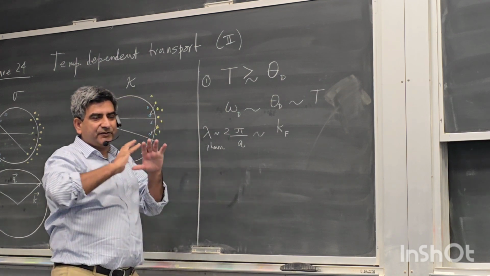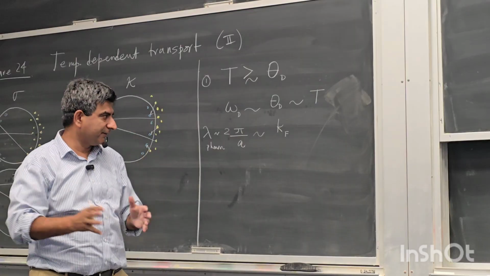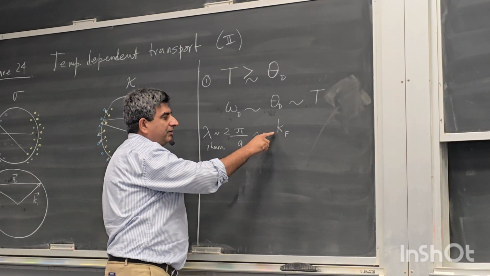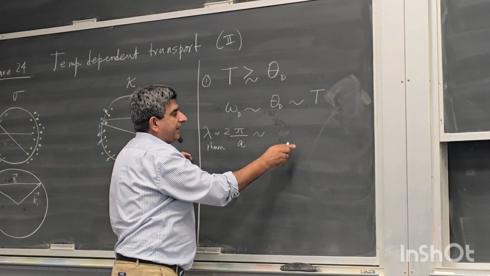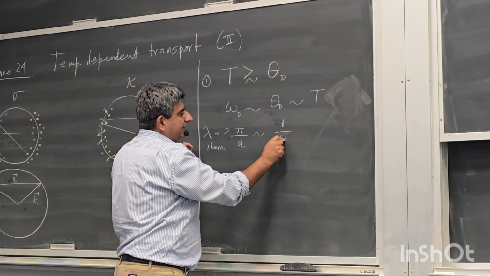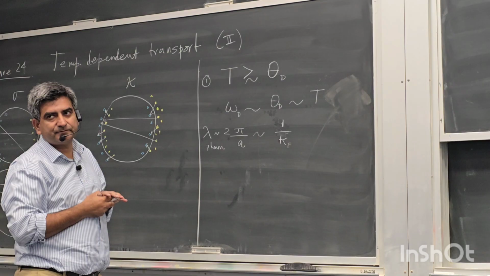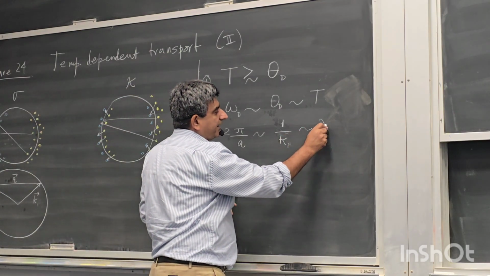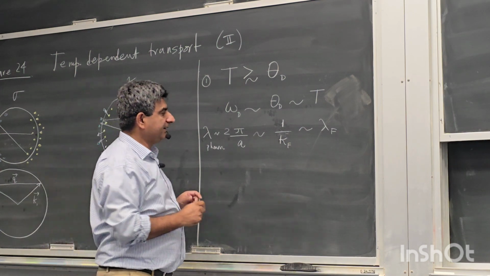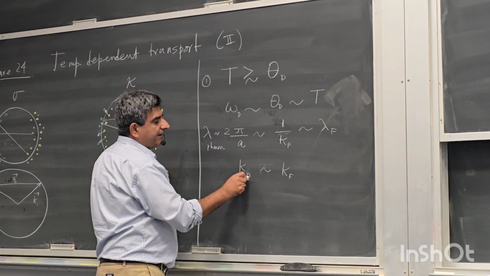So if the Fermi sphere extends to the outer edges of the first Brillouin zone, which it normally does, then the wavelength of the phonon would roughly match 1 over the Fermi wave vector. Okay? Or lambda F. So lambda phonon would be the same as lambda F, which means that kF would roughly be the same as the Debye wave vector.